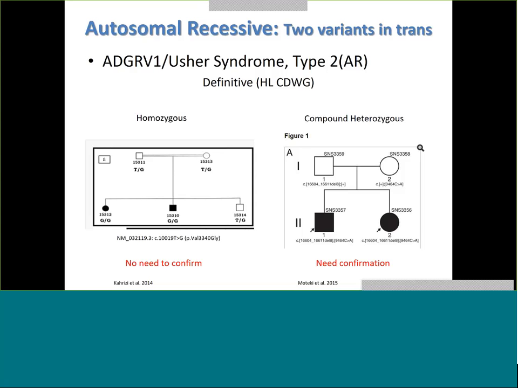We could definitely talk about what sort of confirmation that would be. Usually we're looking for some sort of sequencing or pedigree analysis for the parents or potentially other relatives, to confirm that one parent has one and one parent has the other, and the child has both, so those variants would be in trans.